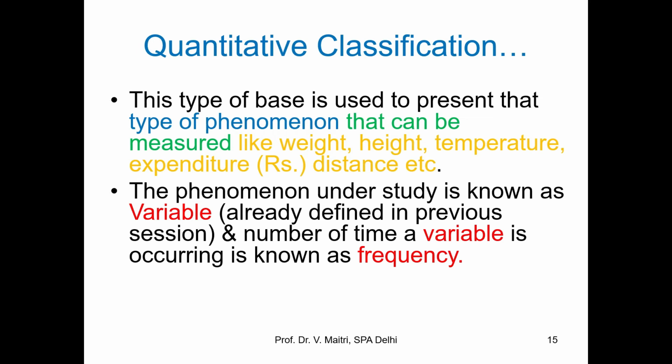Now quantitative classification. In quantitative classification, we present data on the basis of a phenomenon which is measurable, like weight, height, temperature, expenditure, distance, etc. The phenomenon under study, which we are measuring, is known as a variable, which we covered previously. The number of times a variable occurs, the data attached to that variable, is known as frequency.